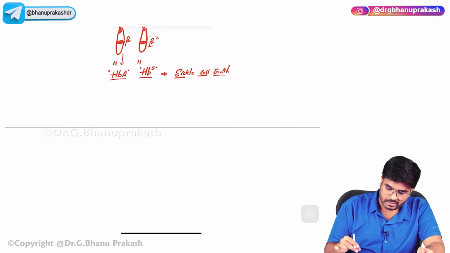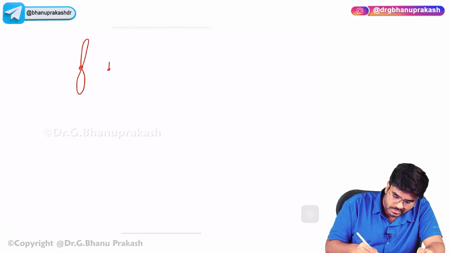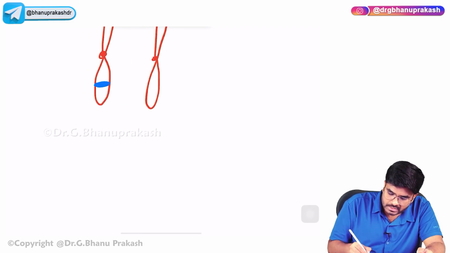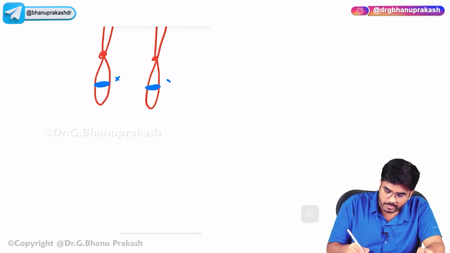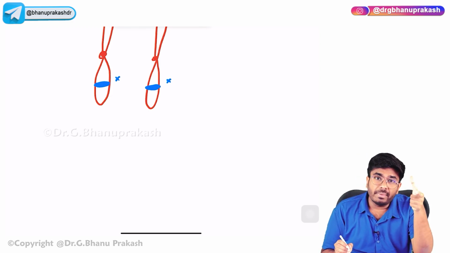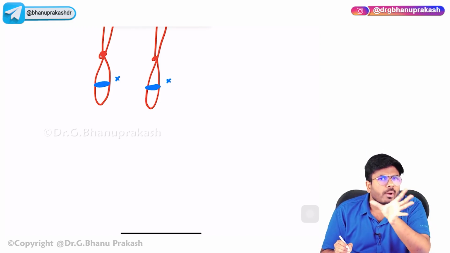Now, what if the patient has two number 11 chromosomes, and both the beta genes are mutated? If both the beta genes are mutated, now what will happen? They will code for which type of beta chains? They will code for defective beta chains, not normal beta chains.